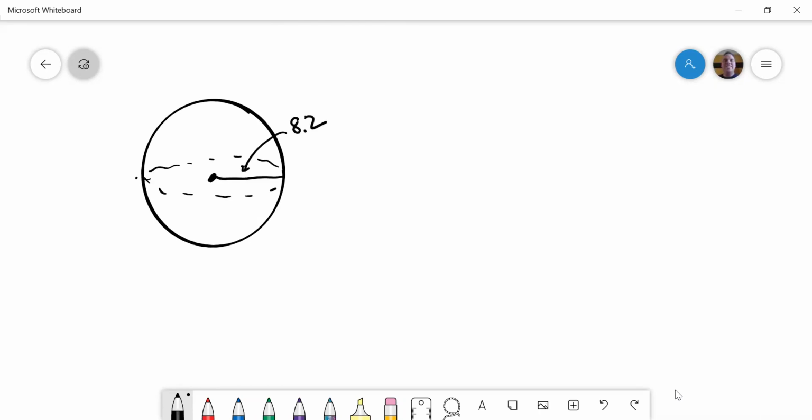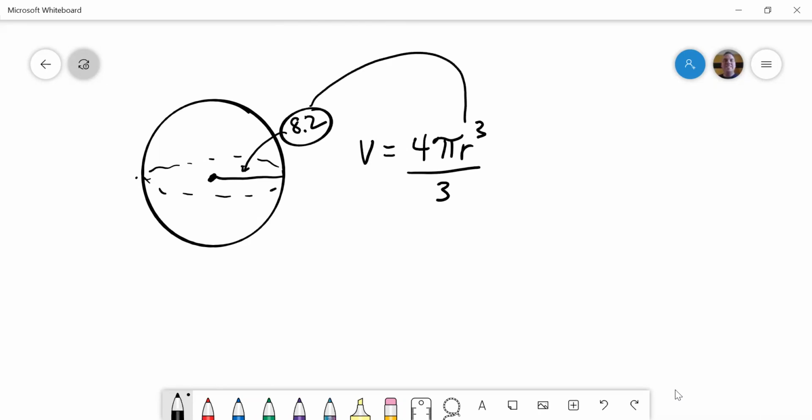This time they gave us the radius. They did not give us the diameter, so it's important that you guys recognize that. Let's use our formula: volume equals 4 pi r cubed divided by 3. We're just going to take this radius and plug it in there. That's pretty much it. All right, so let's write it out.